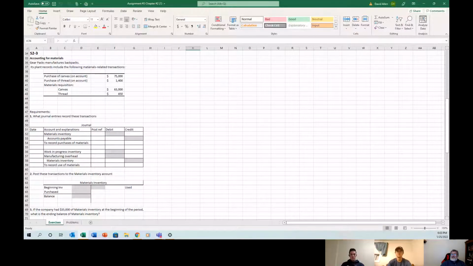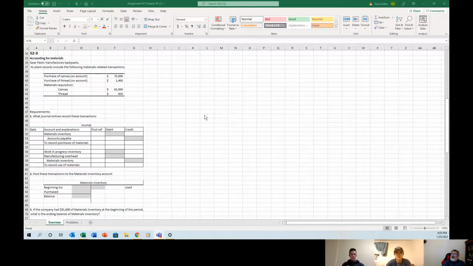Let me share this. All right, can you guys see that spreadsheet? Yes. Okay, so accounting for materials, gear packs, manufacturers, backpacks.